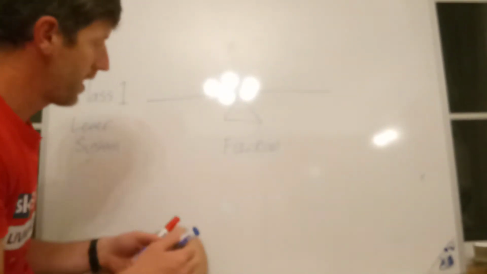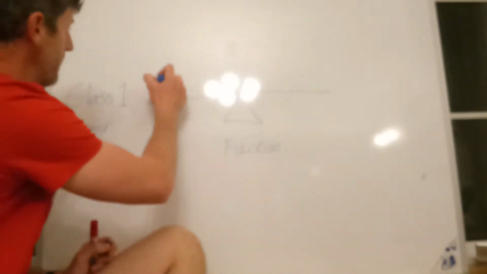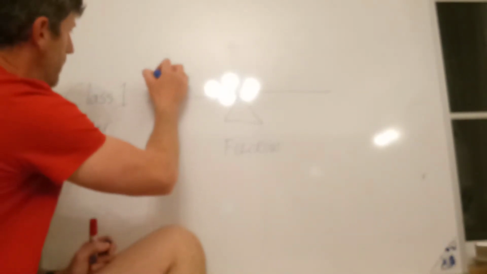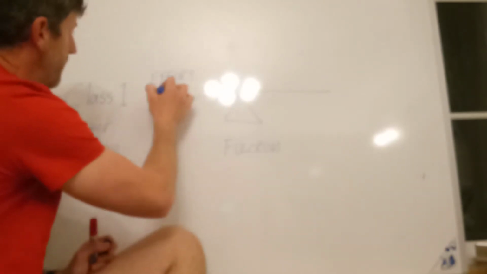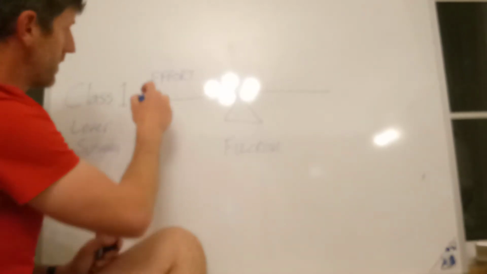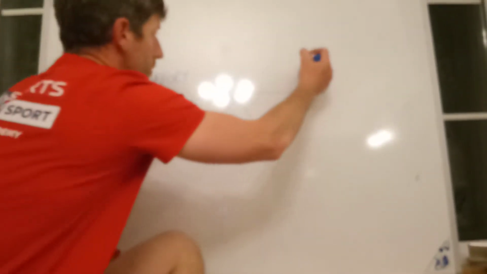You then have an effort. The effort is the force that's applied to the one end of the lever system. You'll then have what is normally represented as a square. You will have a load.